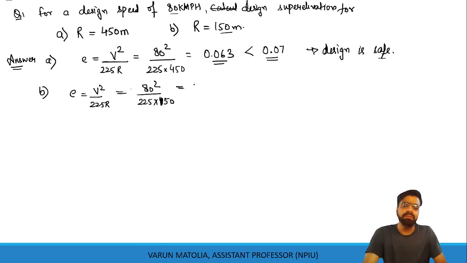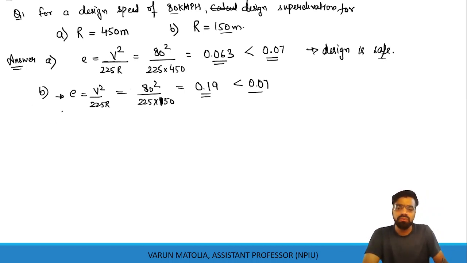So this value will be 0.19, and it is definitely much greater than your limiting value. So now we should move on to step 2.